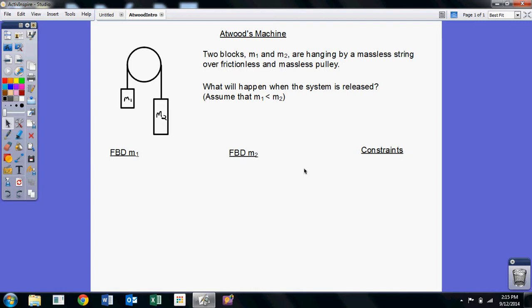If M2 is greater than M1, then what's going to happen? M2 is going to drop down, M1 goes up.